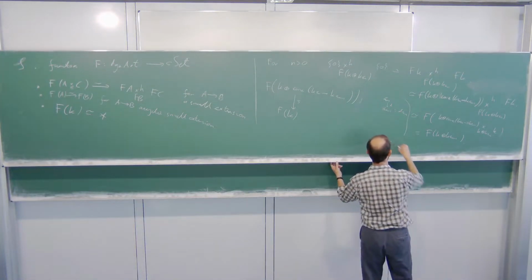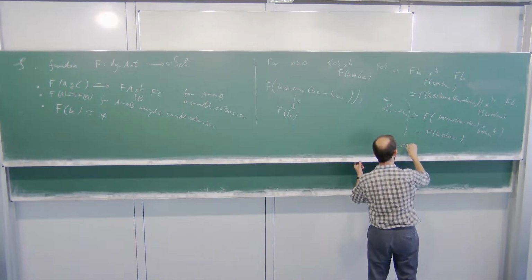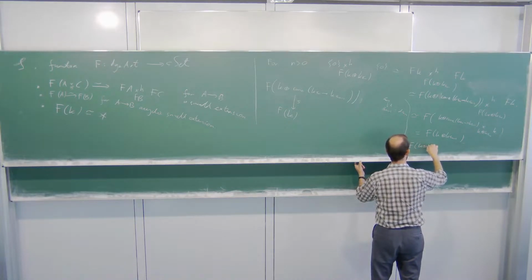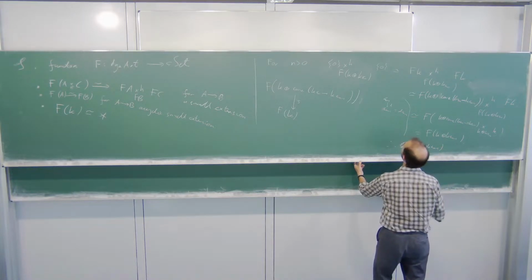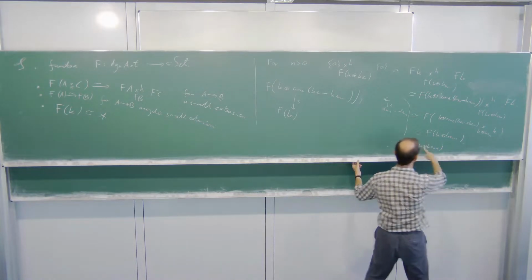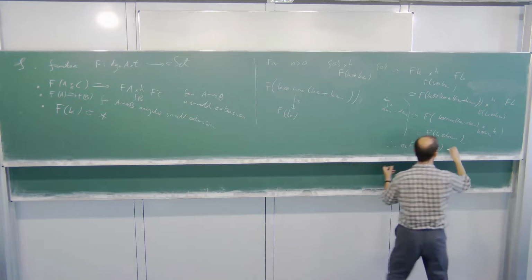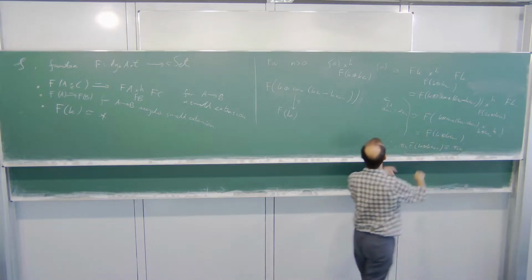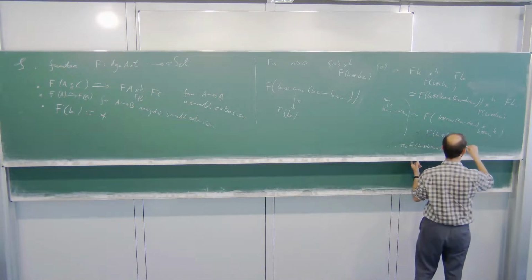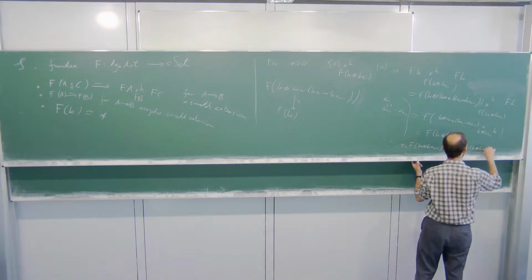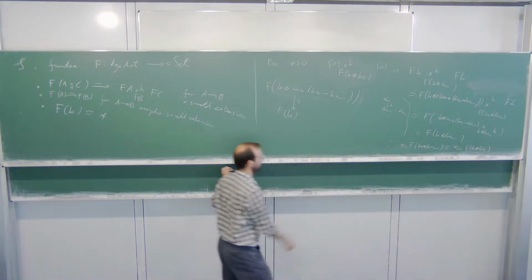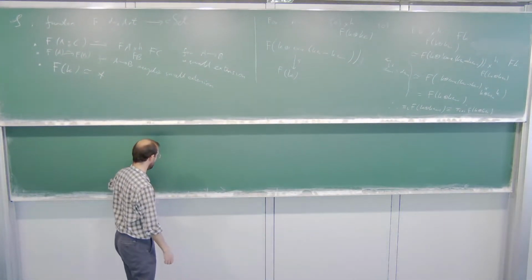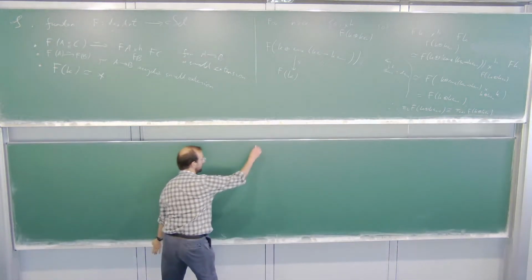Therefore, if I look at the ith homotopy group of this, it is the same as the (i plus 1)th homotopy group of the one I started with. And it's quite easy to see that these have an abelian structure.